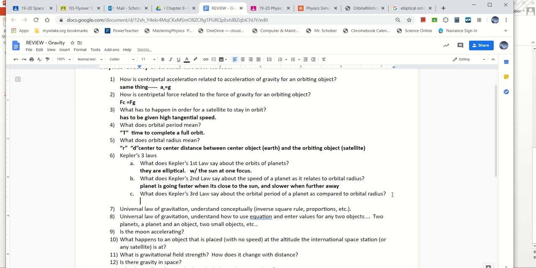Kepler's third law, this was the last one, this was the one that had an equation associated with it. It just related the orbital period of a planet to its orbital radius. So Kepler's third law said a few things. So orbital period increases with orbital radius.